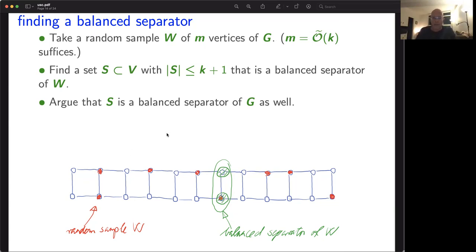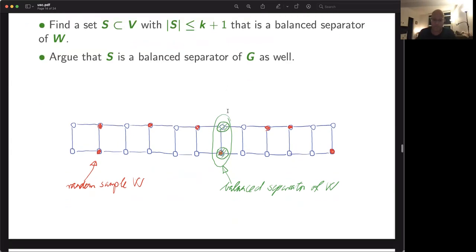And now we can exhaustively search through all subsets and find a subset in the whole graph that's a balanced separator of the red vertices, this small random collection. And now we will argue that this is actually a balanced separator of the whole graph.